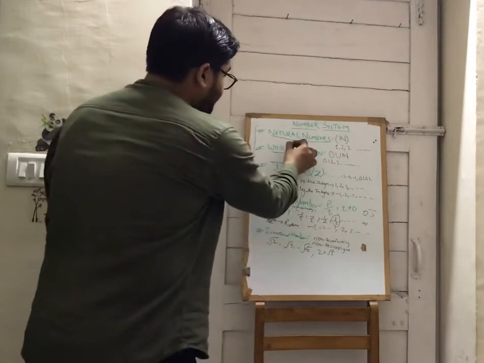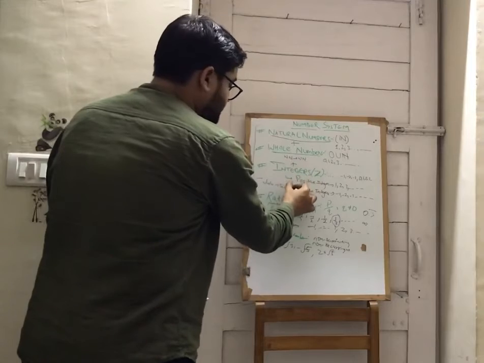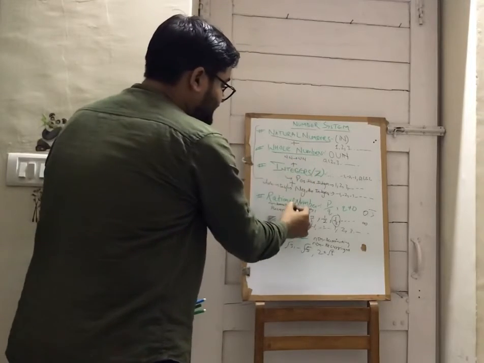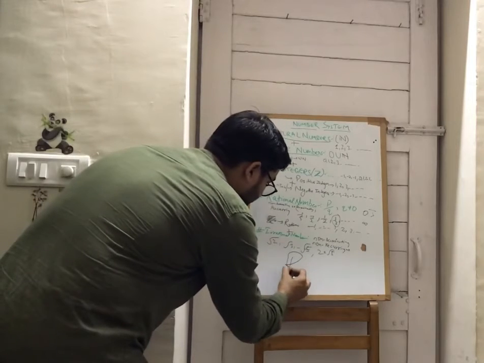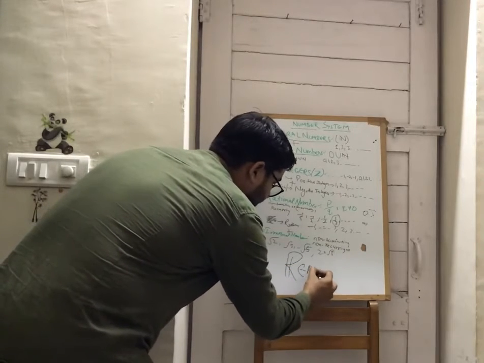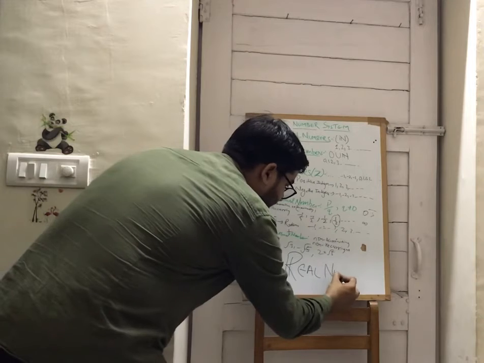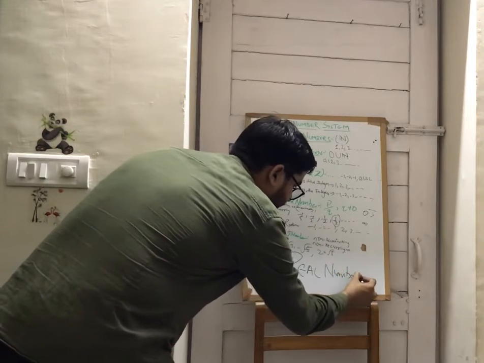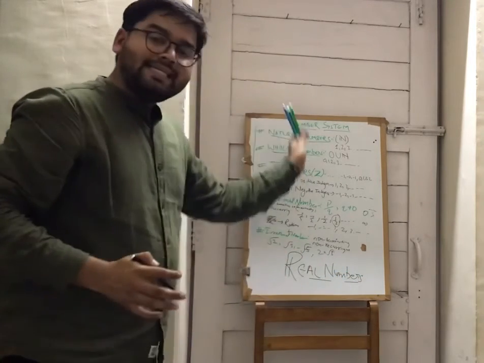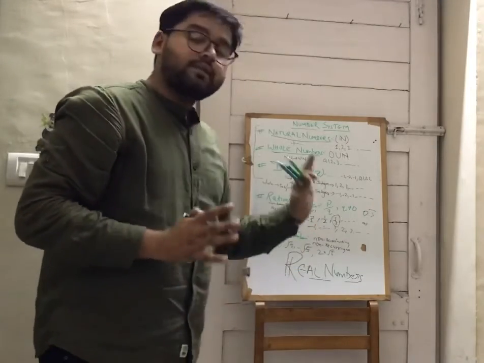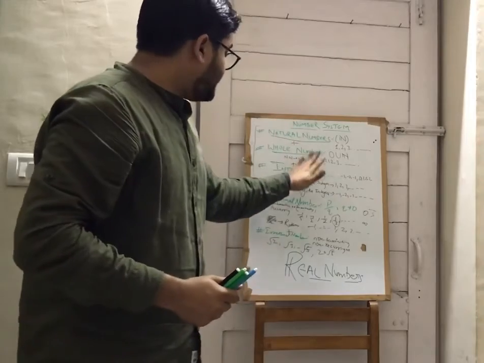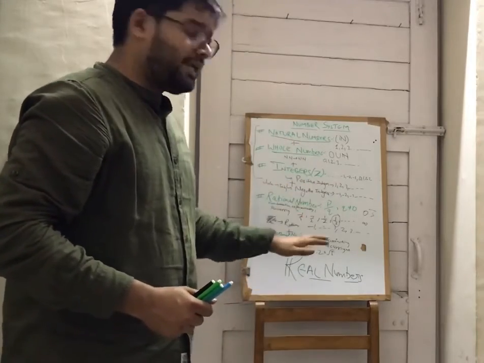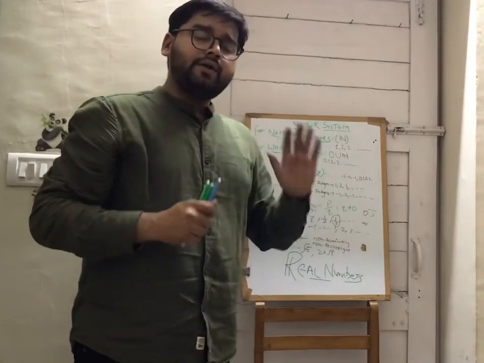And if we add all these numbers, natural, whole, integer, rational and irrational, this will make a big set, that is real numbers. Real numbers contain all these numbers. In real numbers, natural numbers are there, whole numbers are there, integers, rational, irrational, all are in the real numbers.